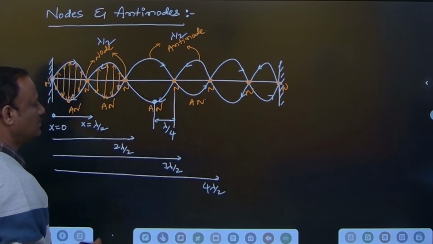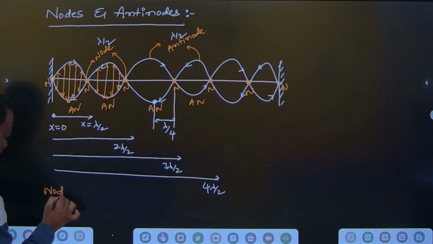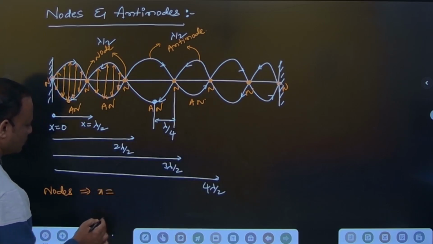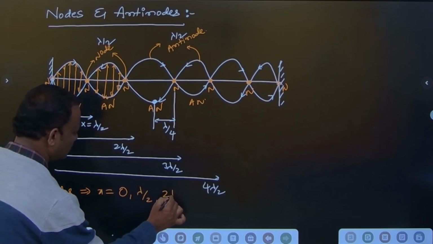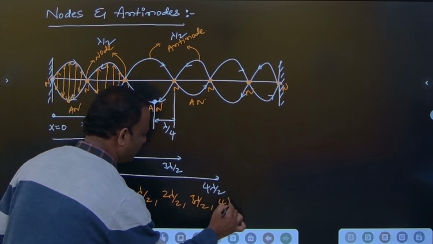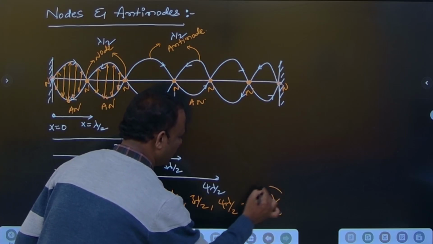So nodes are formed at x equals 0, lambda by 2, 2 lambda by 2, 3 lambda by 2, 4 lambda by 2, n lambda by 2. Just now we have completed this general form.